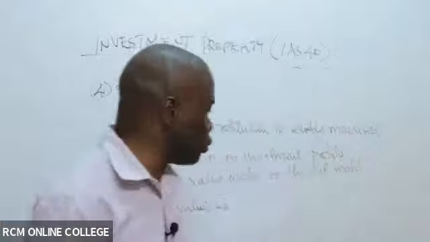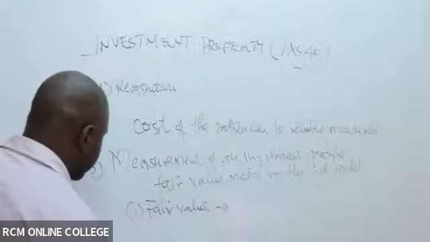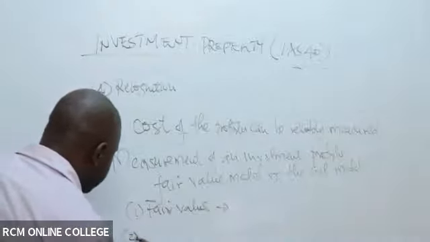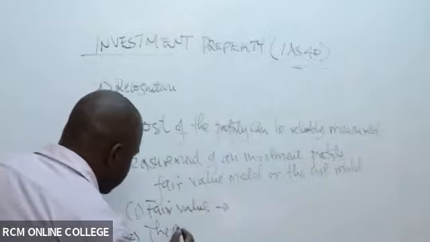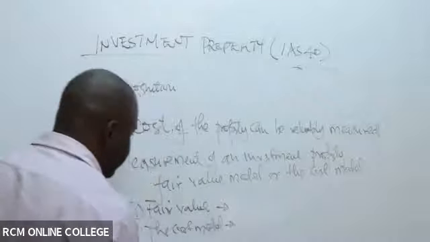Then number 2, we're talking about the cost model. So under the measurement, the cost model, how do you deal with it under the cost model?